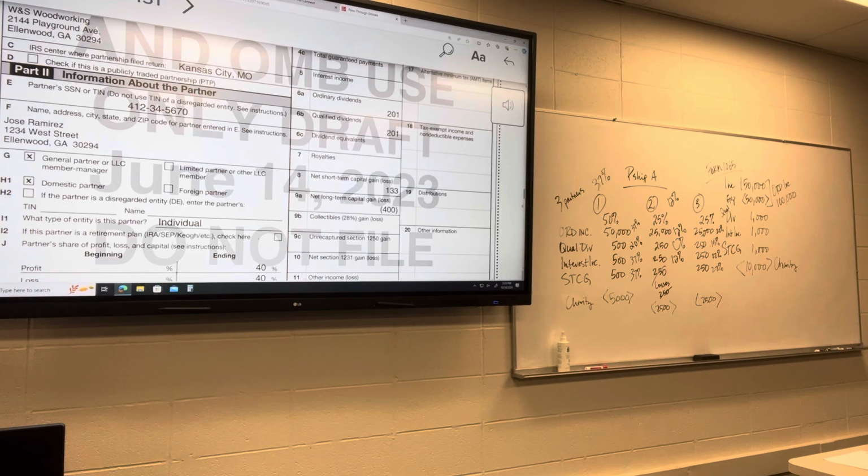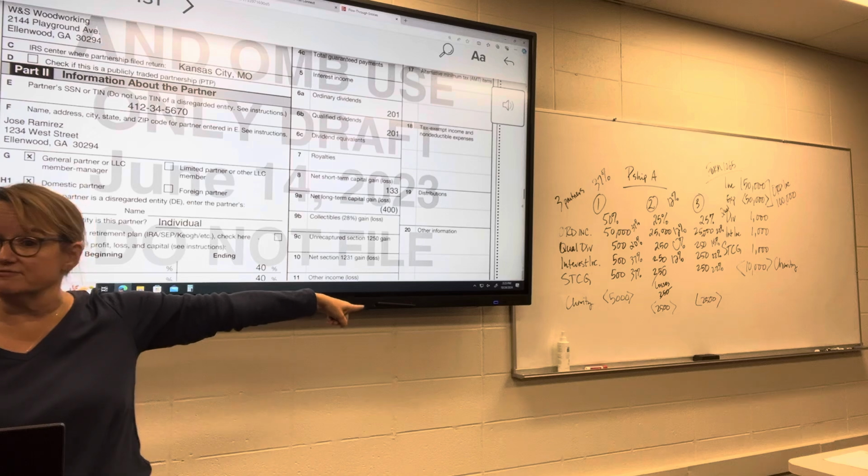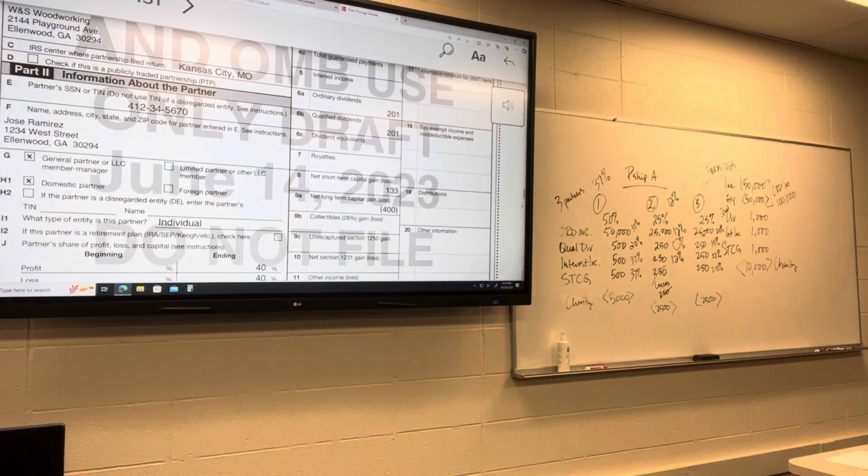It can cause a lot of uncertainty with regard to taxes. It's hard to plan, especially if you don't know what the K1 is going to show, right? If you have no idea what kind of income is going to be reported, if partner A was not expecting to have $50,000 of income reported to them, now all of a sudden, bam, they've got $50,000 of additional income that they're going to have to pay tax on.